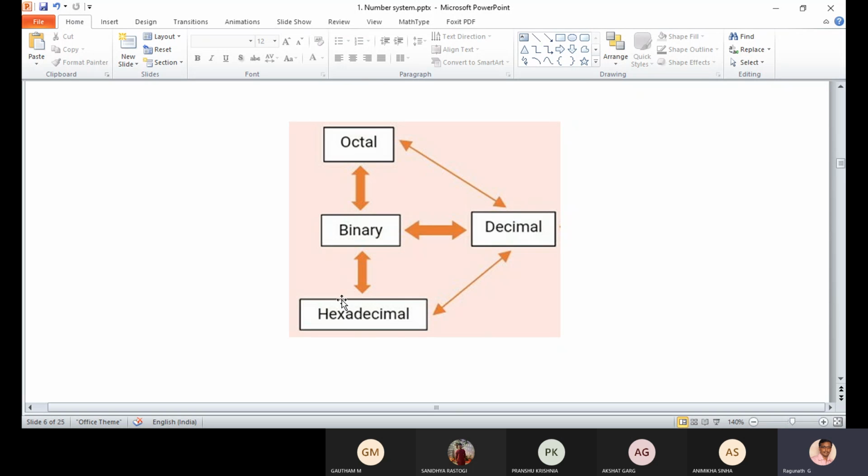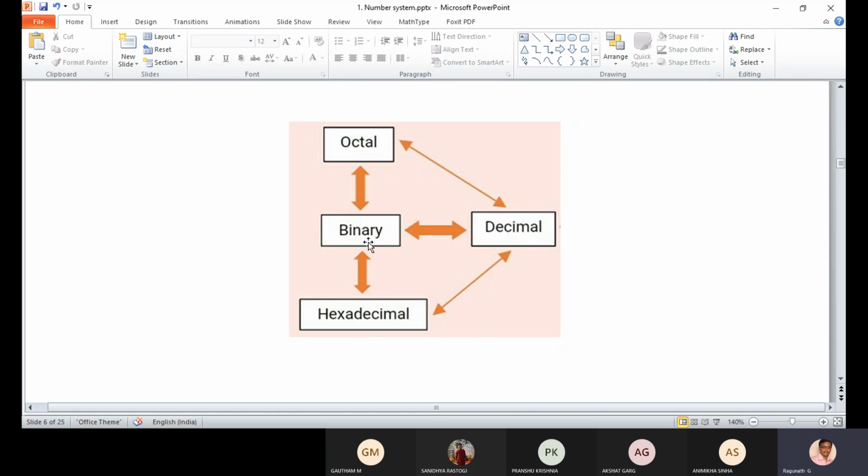Either I can do it this way or this way. And hexadecimal to decimal, what do I have to do? It's our wish. You can convert to binary and binary to decimal, or directly convert.